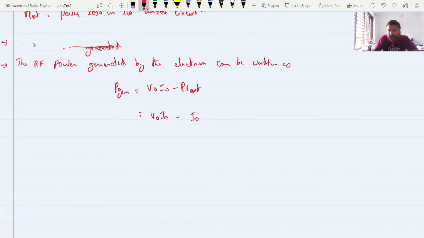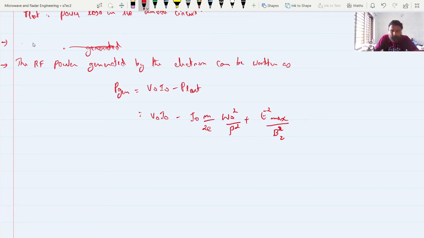Okay. So that is V naught I naught minus P loss, which is nothing but I naught, I will directly write the equation, that is I naught m by 2e omega naught square by beta square plus E square maximum divided by B square, capital B z, the magnetic field along the z direction.